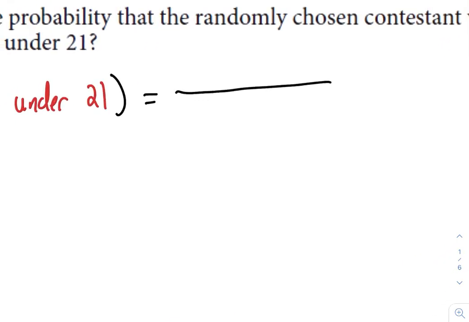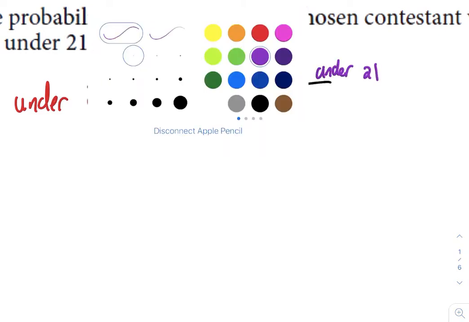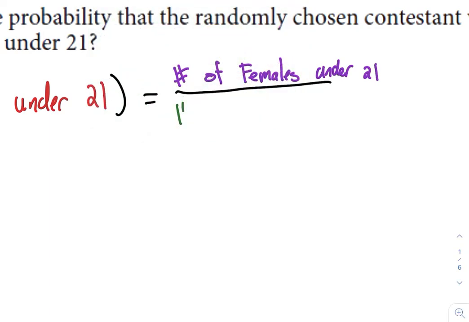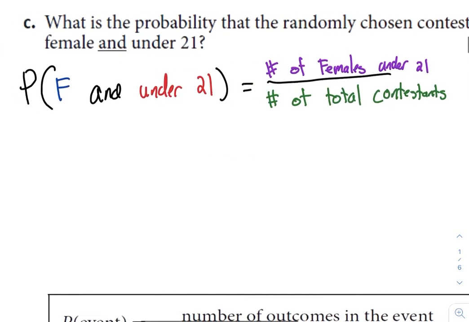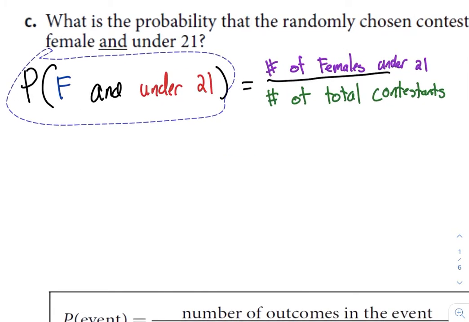And in the top, we're going to have number of females under 21. And in the bottom, we have number of total contestants. Okay, so again, we have the probability of female and under 21.